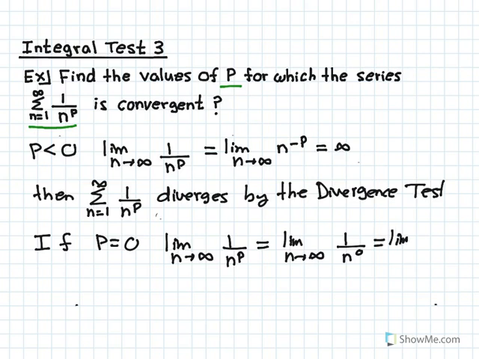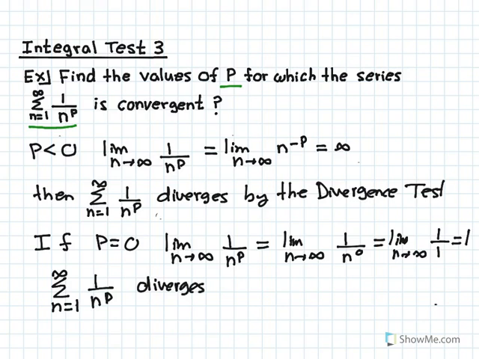So it's the limit of 1 divided by 1, which is equal to 1. And therefore, the summation n equals 1 to infinity of 1 over n to the p diverges. It diverges by the divergence test because the limit of the nth term is not 0. The limit of the nth term is equal to 1.